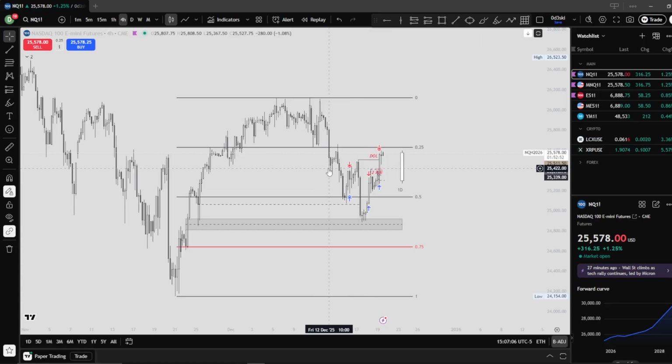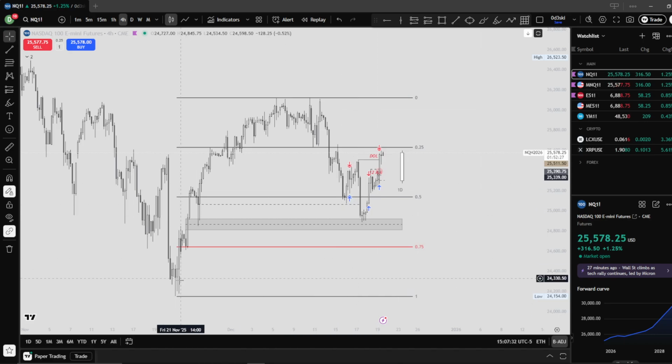I'm sorry, y'all. But basically, with this move yesterday, price rebalanced the equilibrium. We see we rebalanced this range. This is 50% of this range. So whenever you're trying to spot reversals, you want to make sure that we're balanced, that price has reached equilibrium.